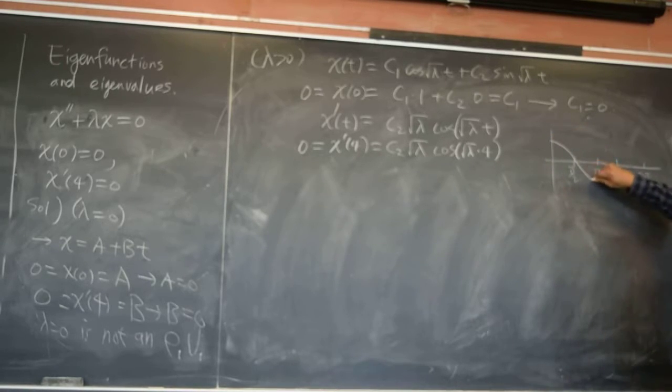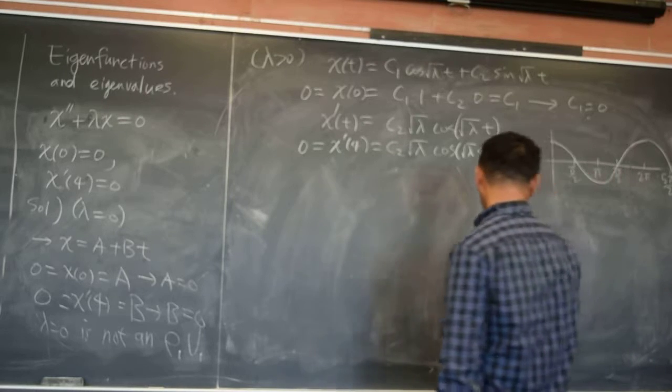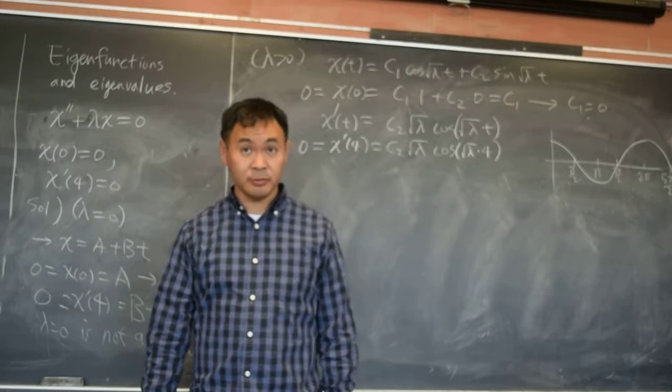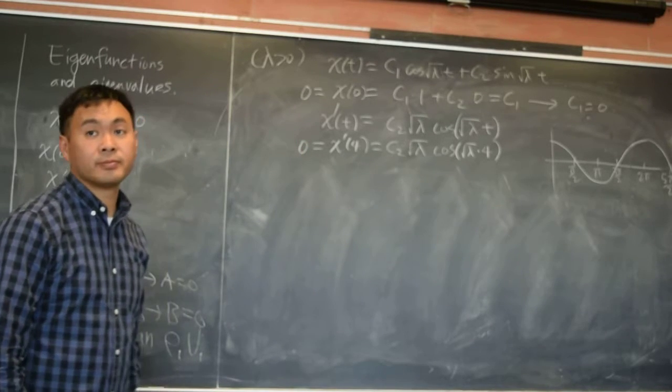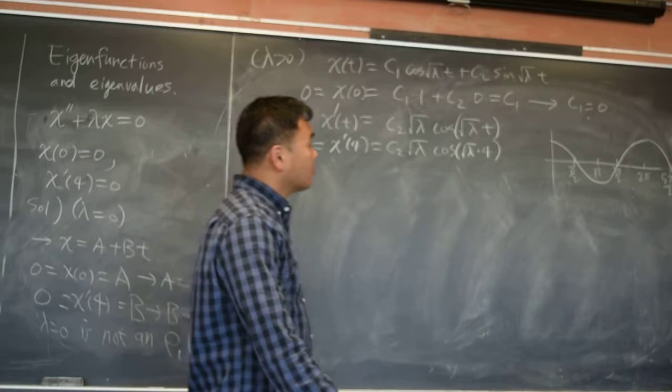The cosine graph goes like that, and it extends again. So what is the next one? 5 pi over 2, right? The next one is 7 pi over 2, right? Okay, so when does cosine become 0? Pi over 2, 3 pi over 2, n pi over 2.